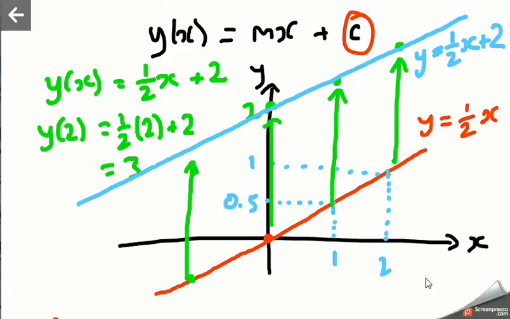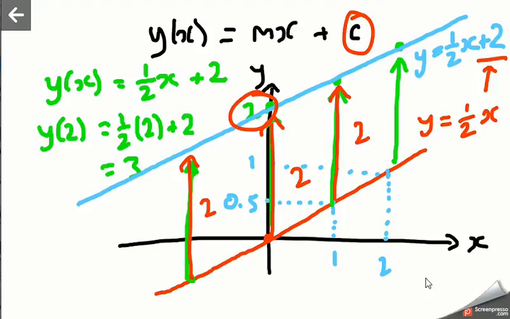All we've done with the plus 2 is actually move the whole thing up by 2. So every point increases by 2. And so all adding on 2 does is shift the entire line up by 2. Notice also that it cuts the y-axis at 2. Our line cuts the y-axis at 2.